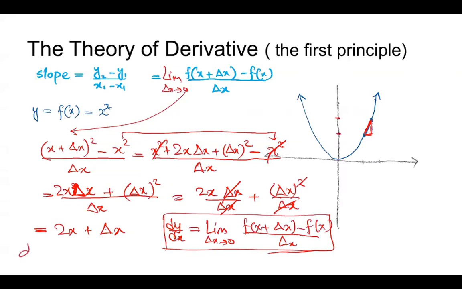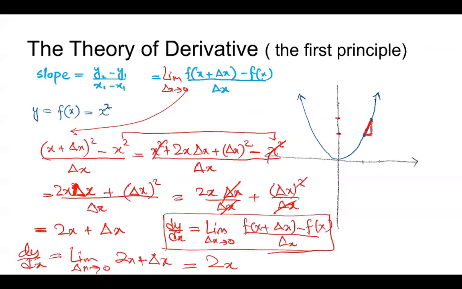So dy over dx, when delta x goes to 0, of 2x plus delta x. In the case where delta x goes to 0, this becomes 2x.